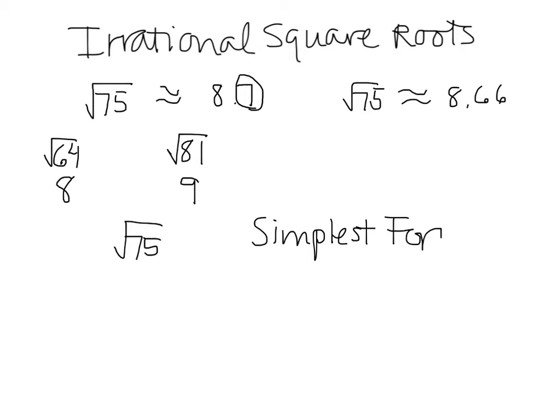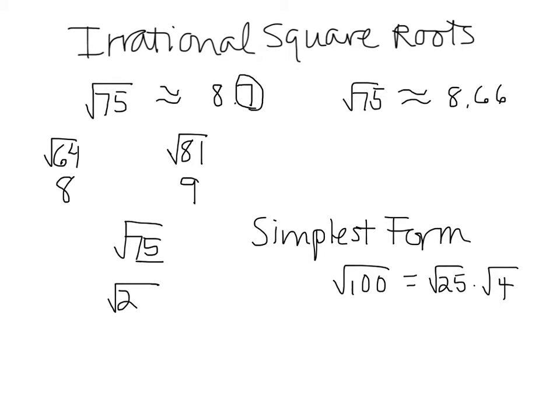In a nutshell, just like we learned that the square root of 100 is the same as the square root of 25 times the square root of 4, if we think about the number 75, we want to ask ourselves, does 75 have any perfect squares? And the truth is, it does. It is root 25. I can think of 75 as 25 times 3.